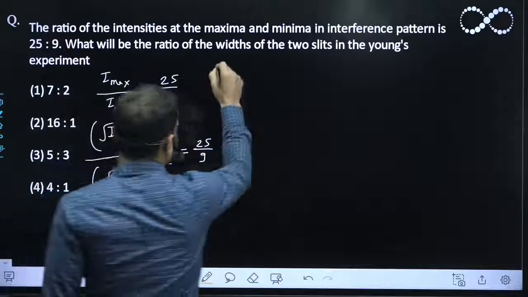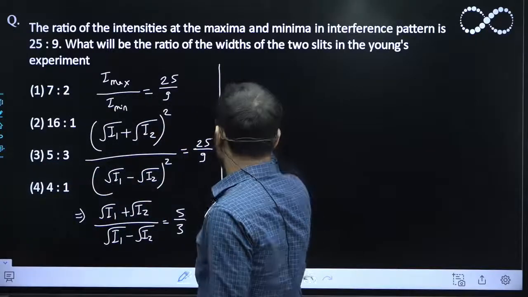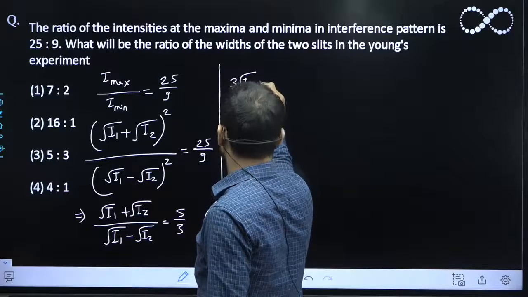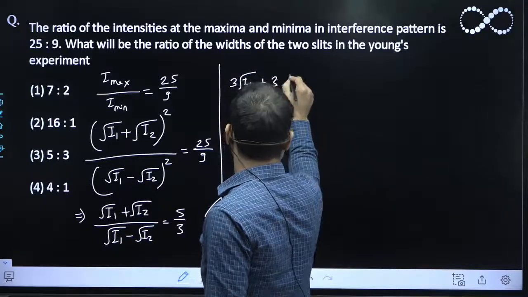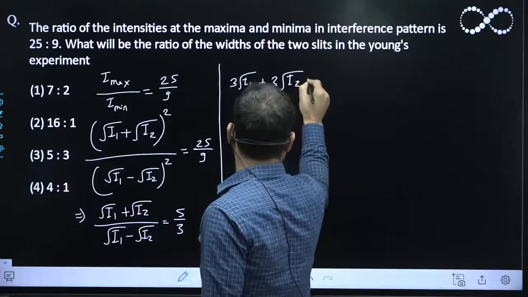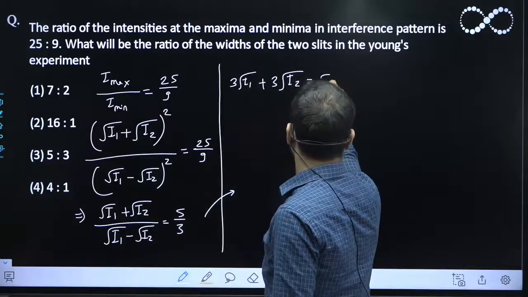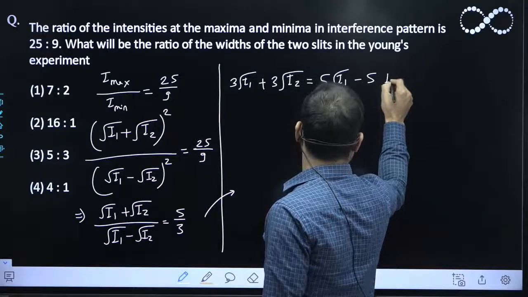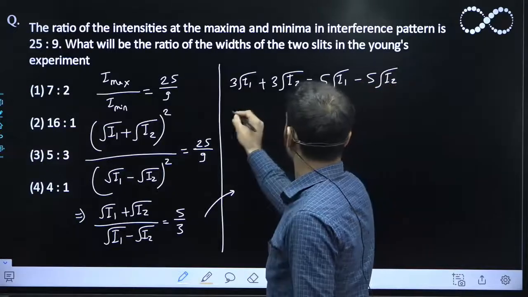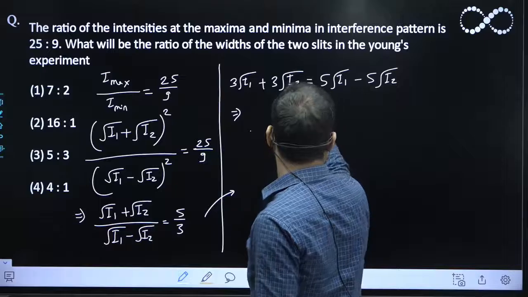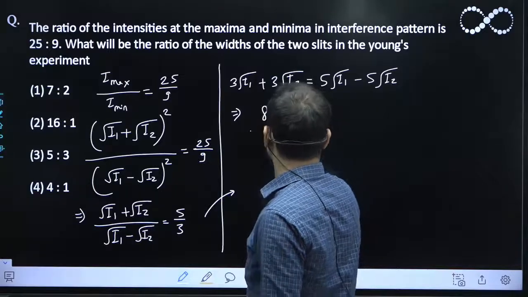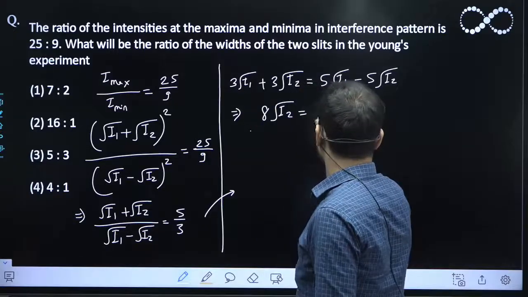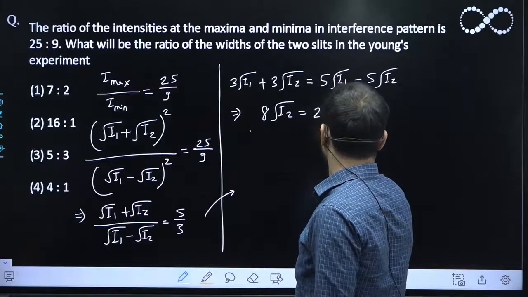Now if I take this, 3 root I1 plus 3 root I2 must be equal to 5 root I1 minus 5 root I2. If I take I2 this side, we will get 8 root I2 is equal to, and if I take this side, then we will get 2 root I1.